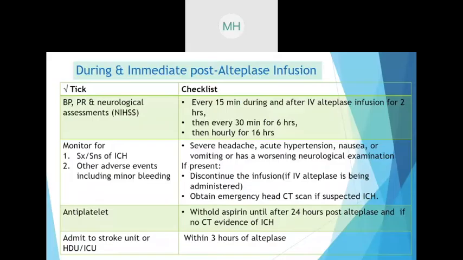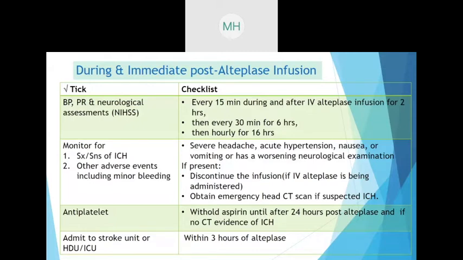Post alteplase infusion, we monitor the blood pressure, pulse rate, and NIHSS score every 15 minutes during and after IV alteplase infusion for 2 hours, then every 30 minutes for 6 hours, then hourly for 16 hours, up to 24 hours.